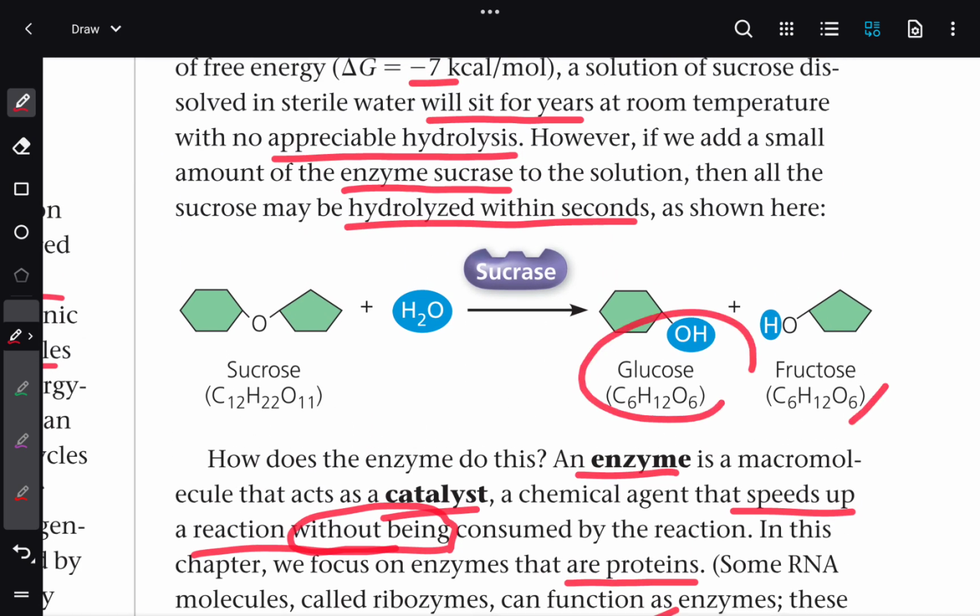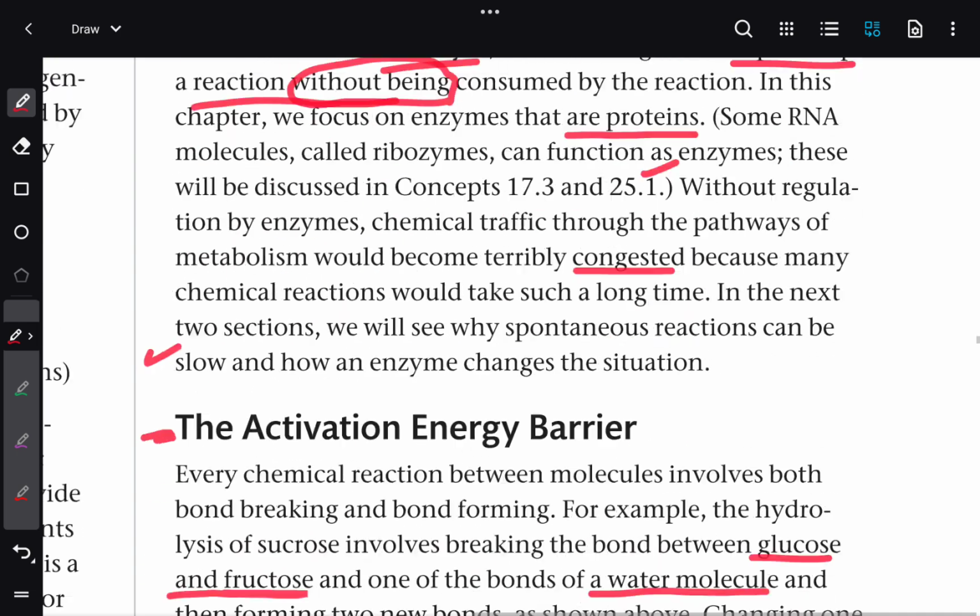The glucose and fructose take the OH from water and the H from water.